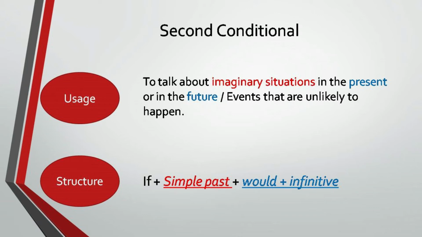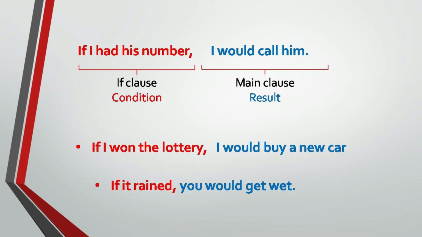For the first conditional, we use if plus simple present, but here we have used if plus simple past. For the results part or the main clause, here we have used would, but in the first conditional we have used will plus infinitive. Let's see some examples.